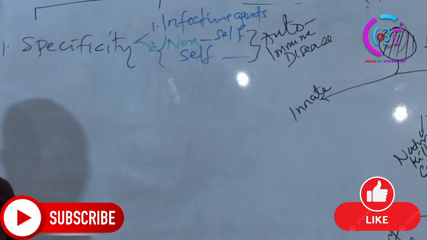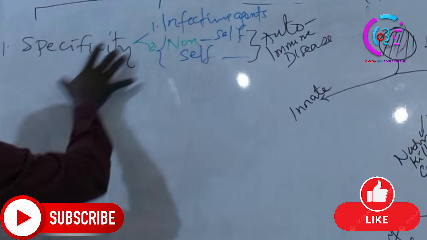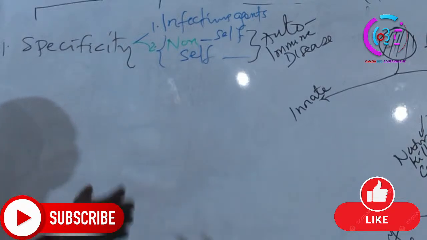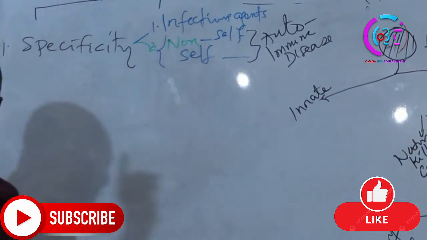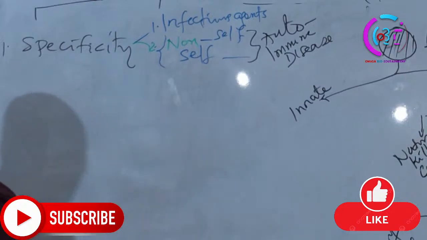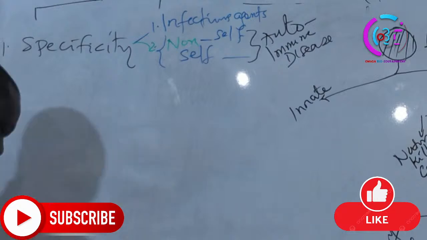The same thing with the adaptive immune system. They should be able to differentiate non-self, that is cells that are foreign, from the ones that are from your body. And that is part of what is needed in the specificity of the adaptive immune system. That is why it must be very, very specific.